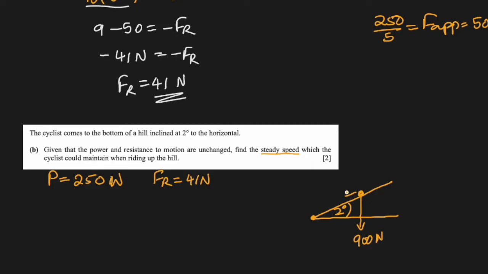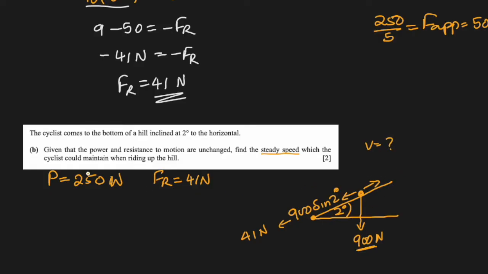So there will be a resistance force in this case, which will be the weight component in this direction, which will be 900 sine 2 degrees. There is another resistance in this, which is 41 newtons. Okay, and there will be an applied force, and they are asking what will be the speed, what will be the velocity in this case.